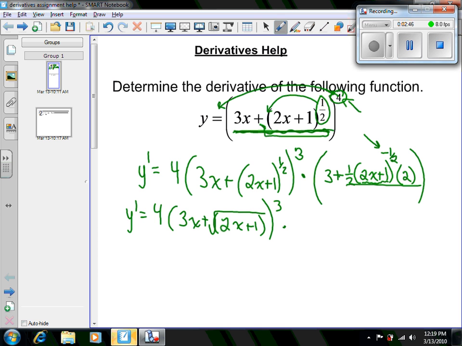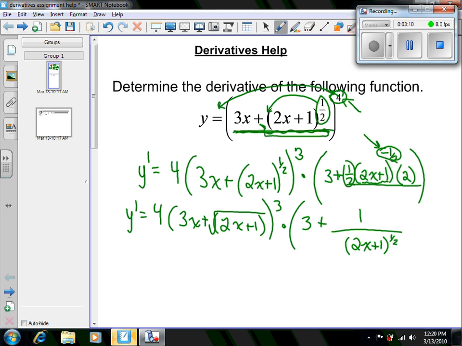To the 3. Then we have bracket 3 plus, the middle school elevator rule says you take that negative 1/2 and it moseys on down into the denominator and becomes positive 1/2. So you have 2x plus 1 to the 1/2. Then you have a 1/2 times 2 leaves 1 kicking around, and it was all plus 3.